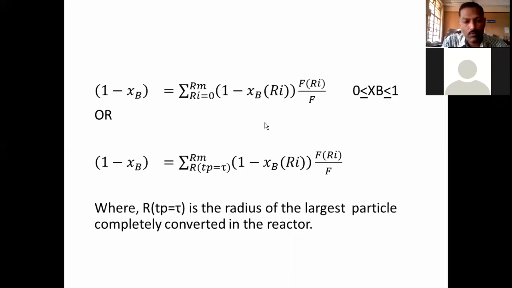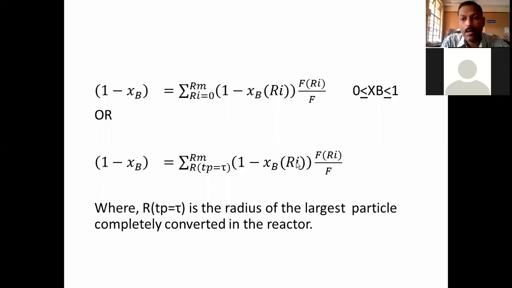Now what is remaining in the feed? The 10 mm and 15 mm particles are remaining. Some conversion has occurred, but the 10 mm and 15 mm particles are not completely converted in 10 minutes. Note this. So the summation means unconverted particles, only for the fraction of unconverted particles. Which are those?